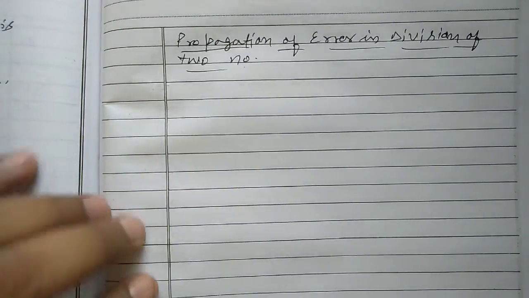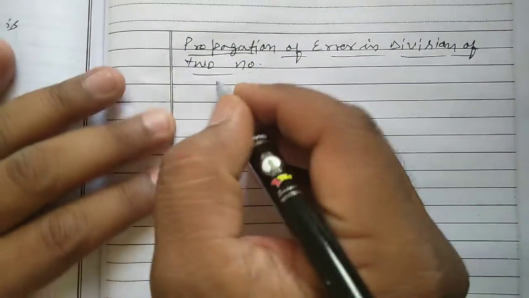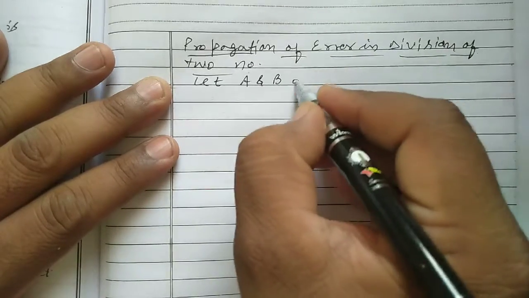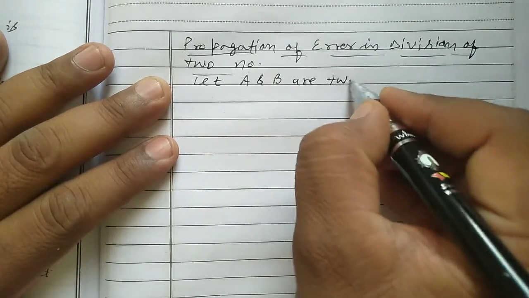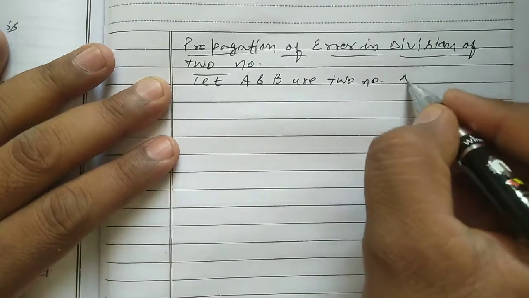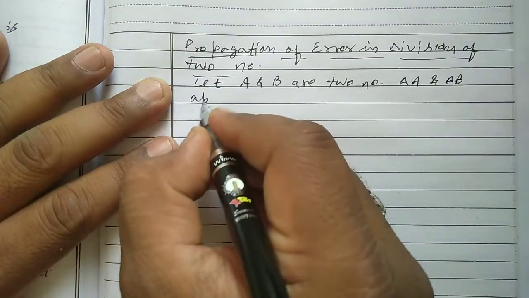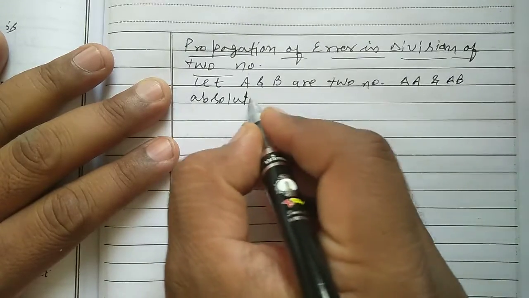Next topic is propagation of error in division of two numbers. Let a and b be two numbers. Delta a and delta b are the absolute errors in a and b.